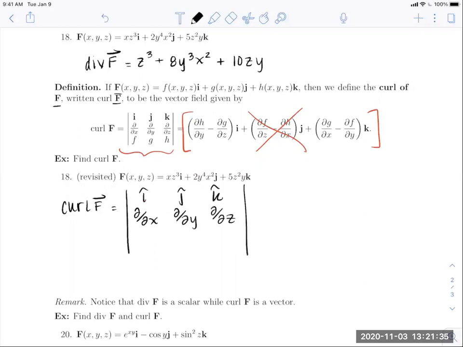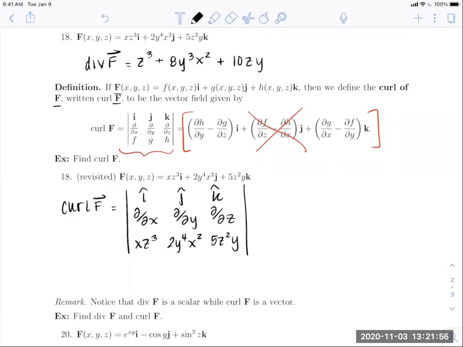Those two rows never change. It's independent of your vector valued function. And then the bottom row is specific to your vector valued function. So we have the first component function, xz cubed, the second component function, 2y to the fourth x squared, and then the third component function, 5z squared y.